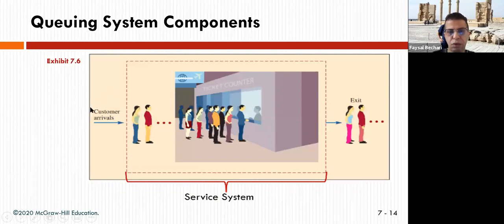So this is how it looks: customer arrival, then probably ticket counters, and customer exit. You see, and this is the service. Later on, we'll be talking about different kinds of service providers.